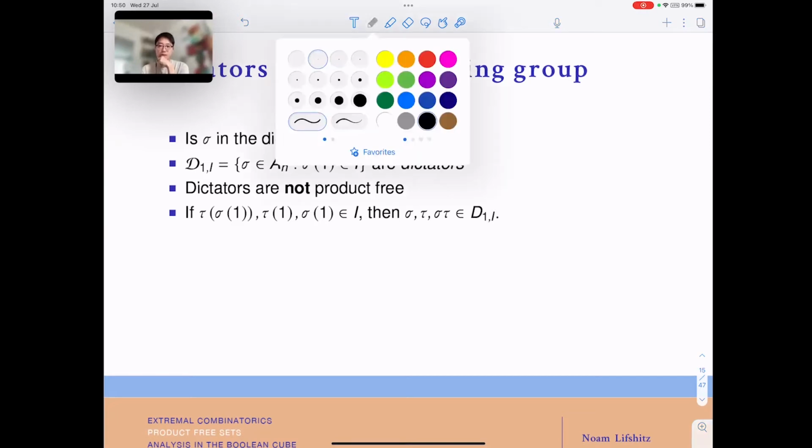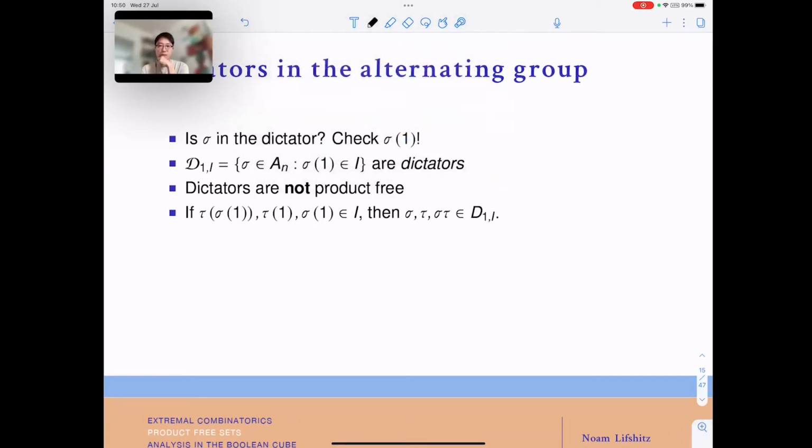The reason is that we can find sigma and tau, and make sure that sigma of 1 is in I and also tau of 1 is in I. But we can also make sure that tau of sigma of 1 is also in I. So we can make all of these conditions hold simultaneously, and then this implies that sigma and tau and also tau sigma are all in the dictator, and therefore the dictator isn't product free.